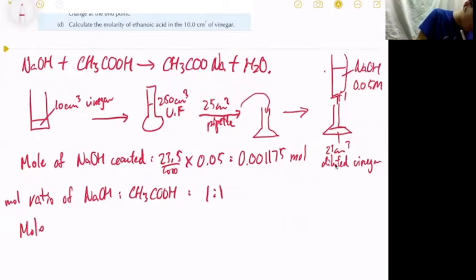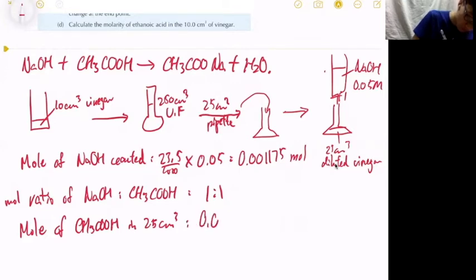So the mole of ethanoic acid in the 25 cm cube diluted solution will also equal 0.001175 moles. That means inside the conical flask, we have 0.001175 moles.